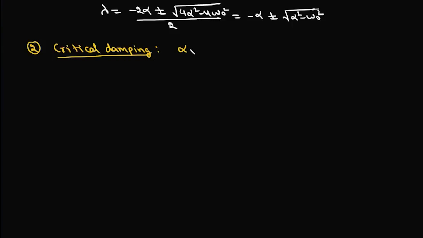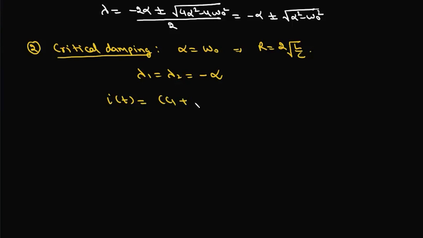That means alpha is equal to omega naught, or we can simply write R is equal to 2 times under root L by C. Now in this case, both the roots are equal, and they're equal to minus alpha. So in this case, i as a function of t will be C1 plus C2t e to the power minus alpha t.